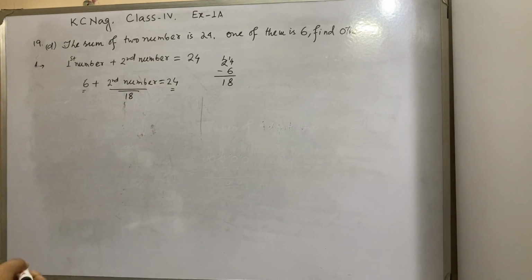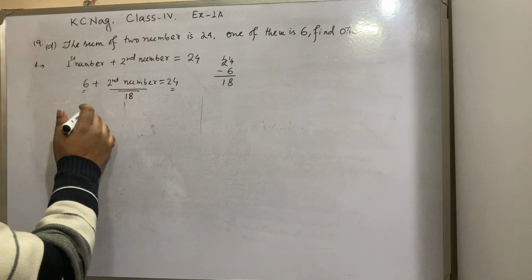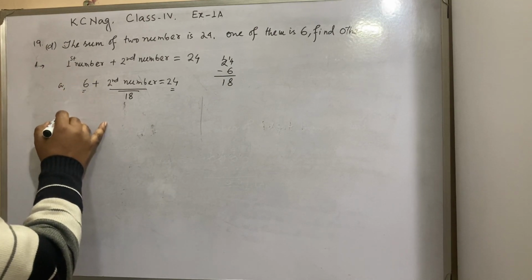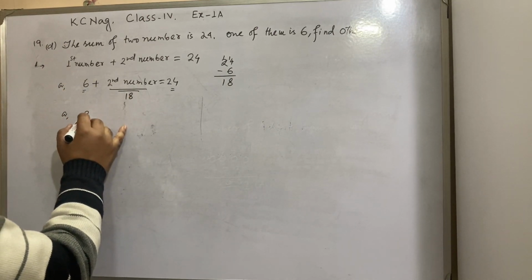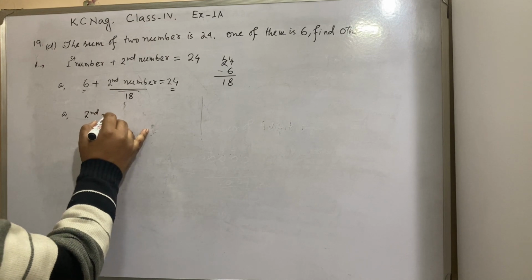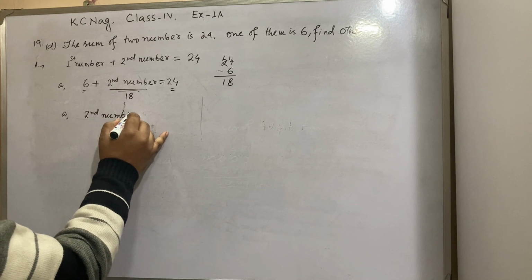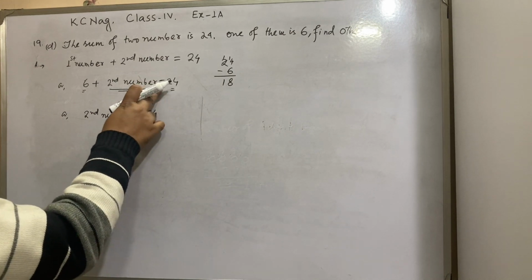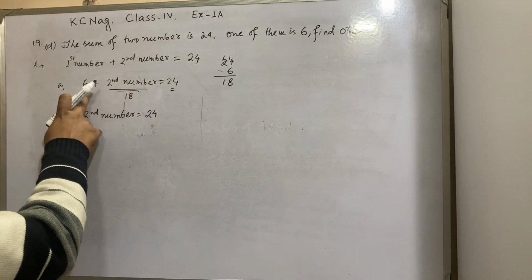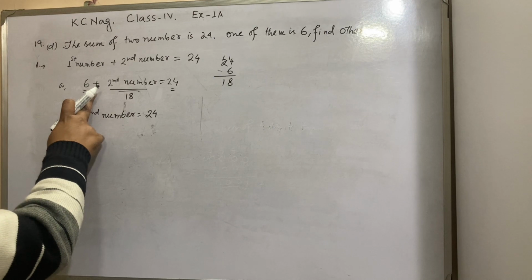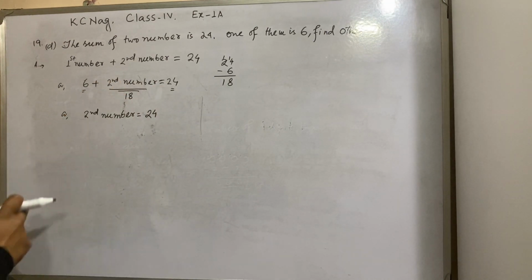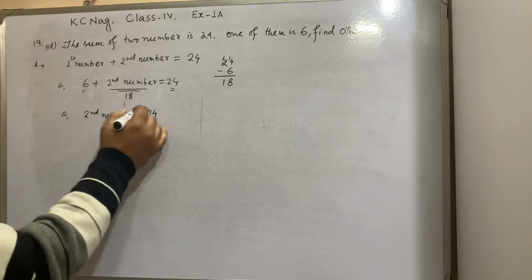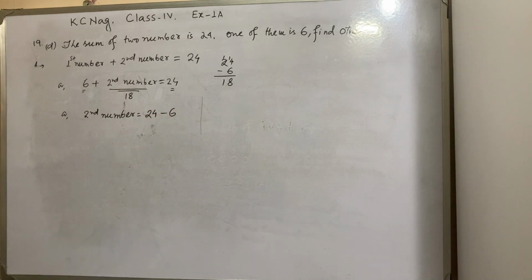Or in the other method, the second number is equal to 24, which is already there, and when you transfer this number from the left hand side of the equal sign to the right, plus 6 will become minus 6. Sorry.